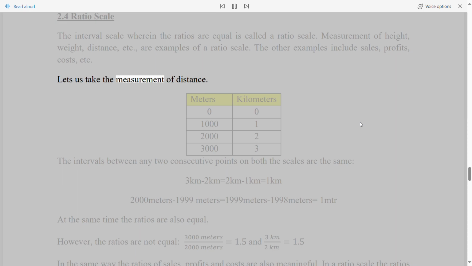Let us take the measurement of distance, in meters and kilometers: 0 and 0, 1000 and 1, 2000 and 2, 3000 and 3.